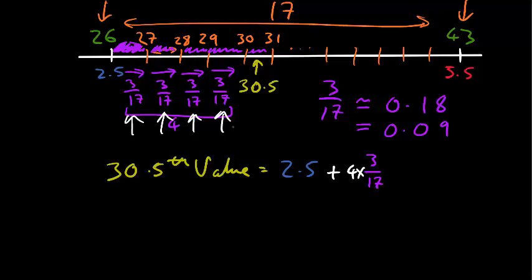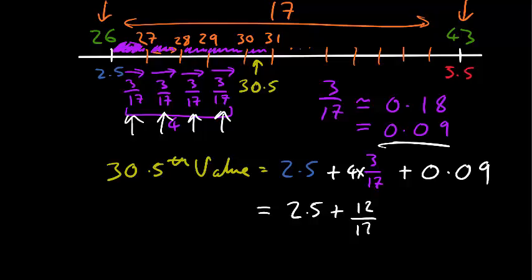That gets me to my 30th value. But then I'm going to have to move half of one of those tiny 3/17 intervals to get to my 30.5th value, so I move 0.09. So when I evaluate all that, I end up with 2.5 plus, what's 4 times 3? That's 12 over 17, plus 0.09.